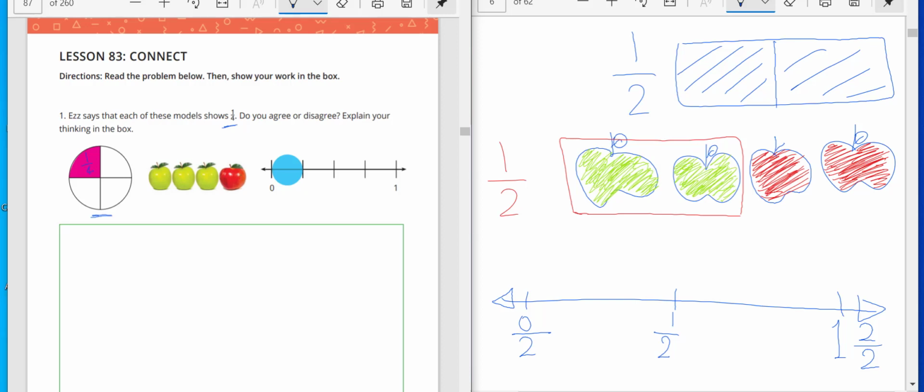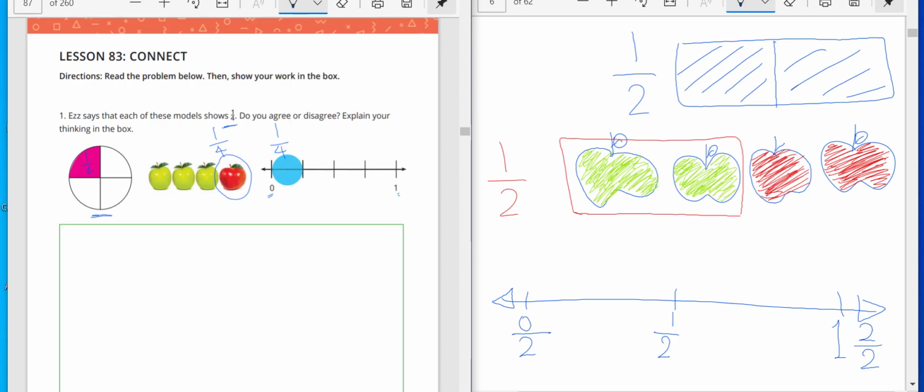This set has 4 apples. One of them is red. So this one represents a fourth. Okay, we have a number line from 0 to 1 and divide it into 4 equal parts. 1, 2, 3, 4. So each part represents a fourth.